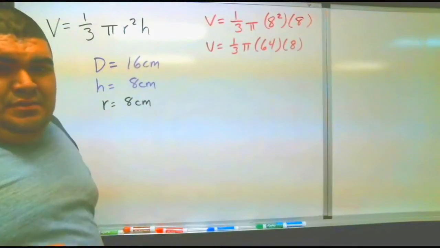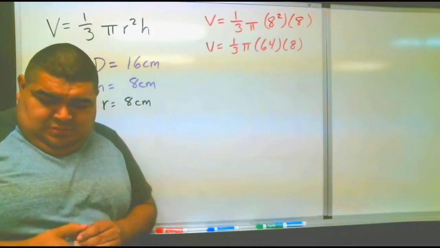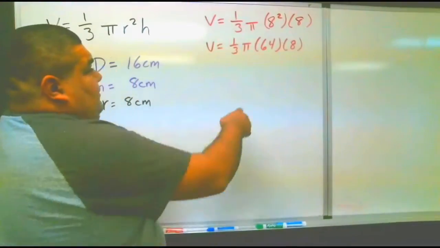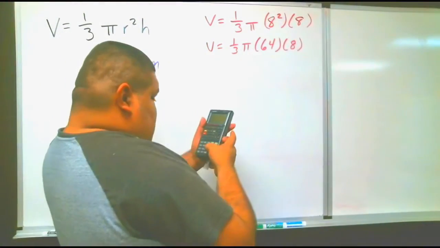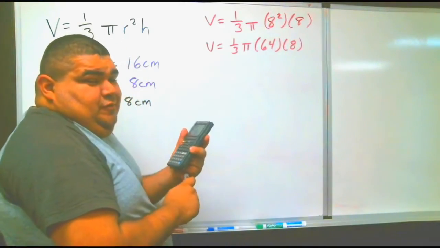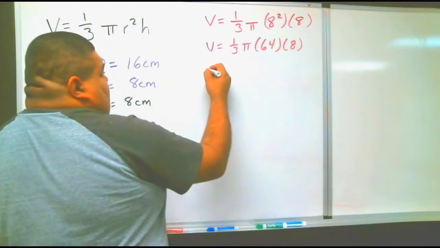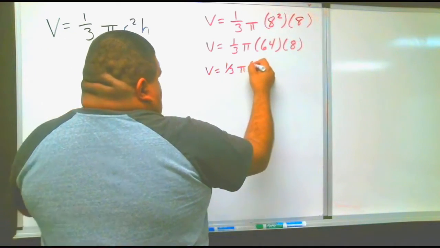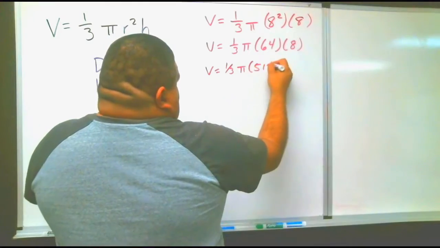Combining 64 times 8 gives 512. So the volume equals 1/3 pi times 512.